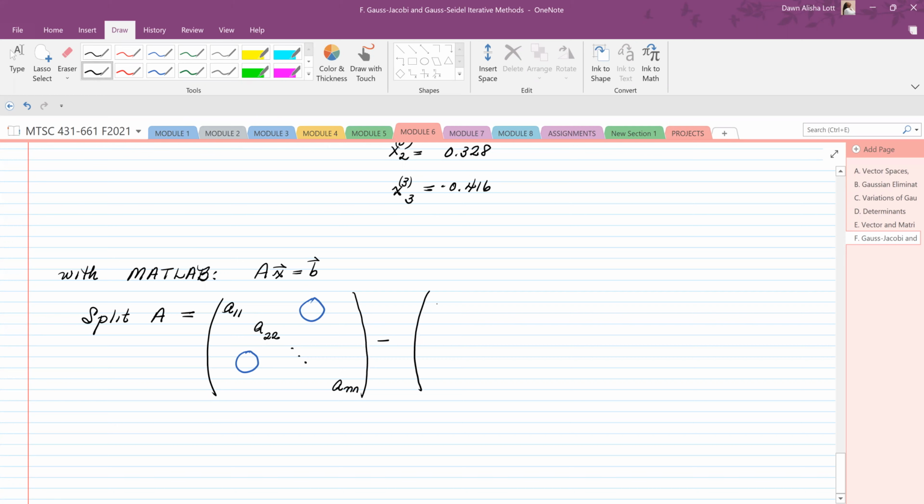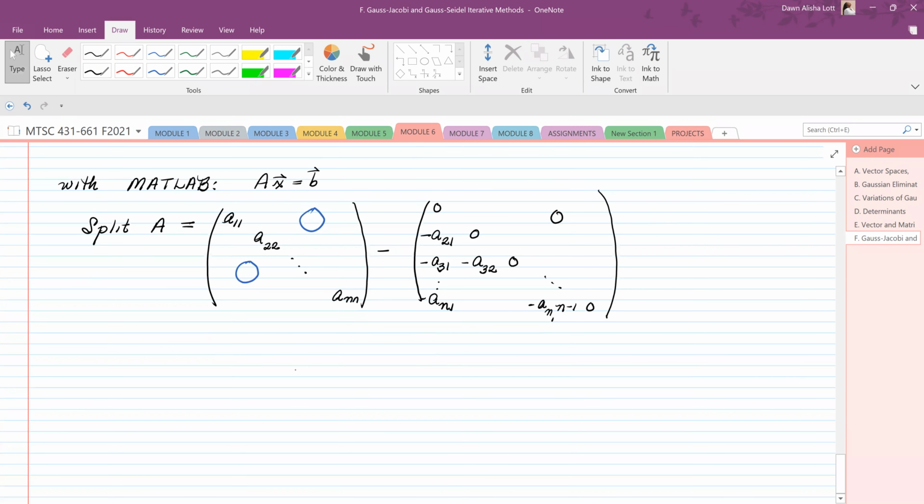The diagonal is 0, and then we get negative A21, negative A31 down to negative AN1, then negative A32, 0, all the way down to negative A N, N minus 1, and 0. Everything else is 0.